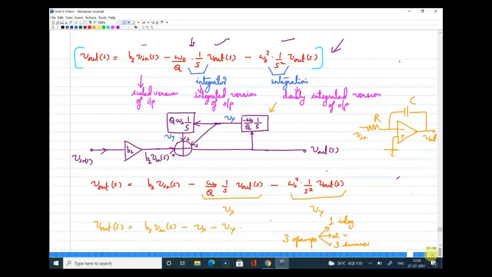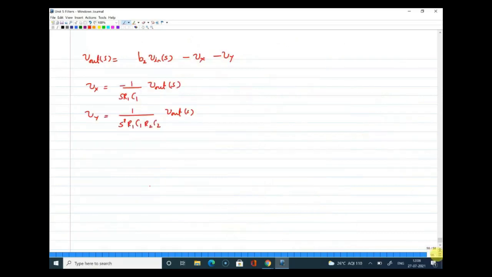So what I can do is, since we have these three, I can feed in these two terms. If I want to add, I need to add all these three things together using an op amp. So I can give either to the inverting terminal of the op amp or to the non-inverting terminal of the op amp. So what I will do is I'll give these two to the non-inverting terminal, and the third one, this Vy, to the inverting terminal in order to match with the sign requirements, right?